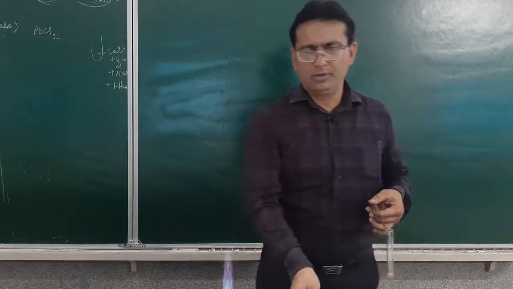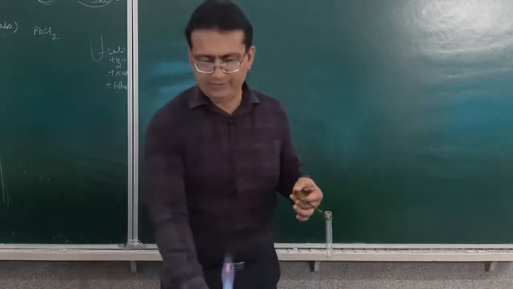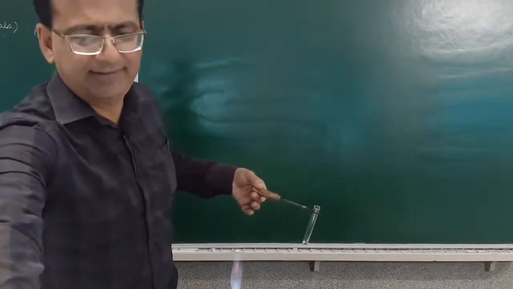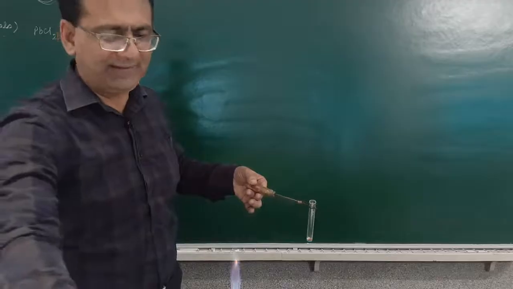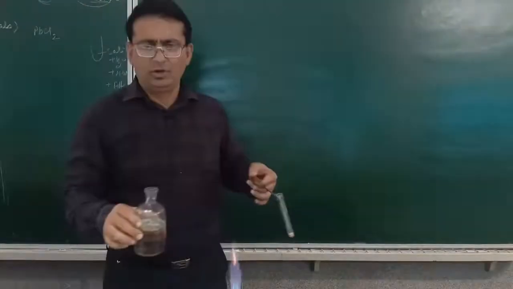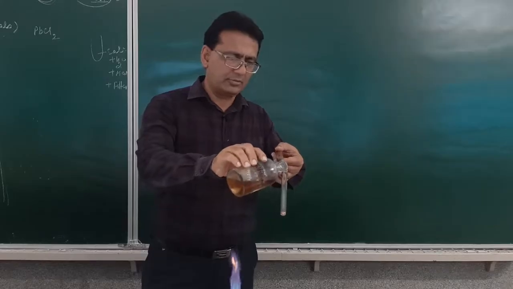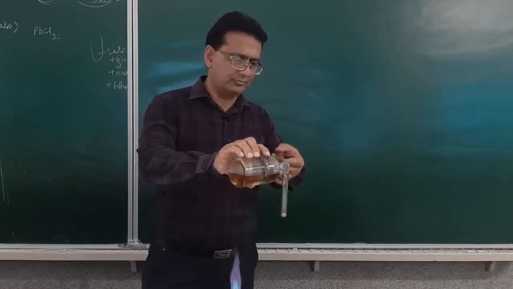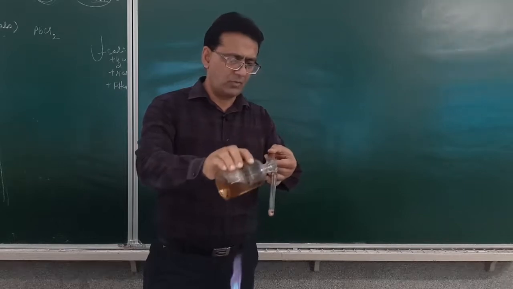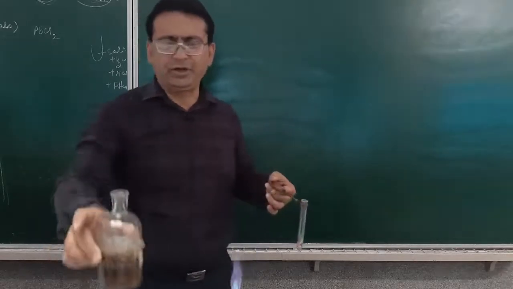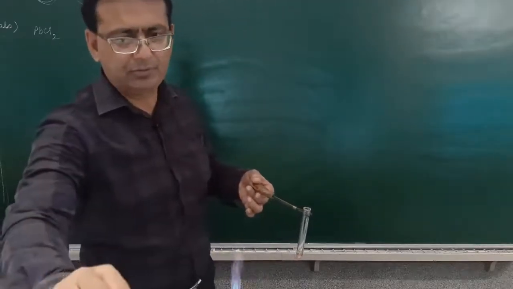Is it clear? And then add concentrated sulfuric acid. This is concentrated sulfuric acid, which is to be added to the salt. After adding concentrated sulfuric acid to the salt, we will heat it up.